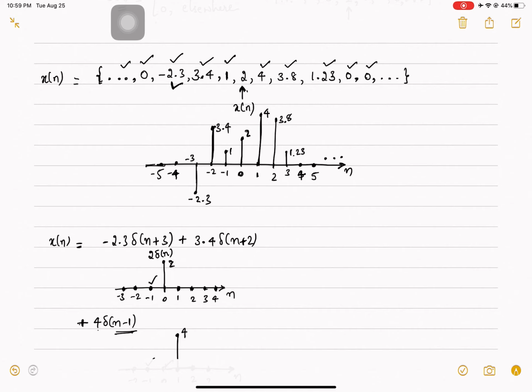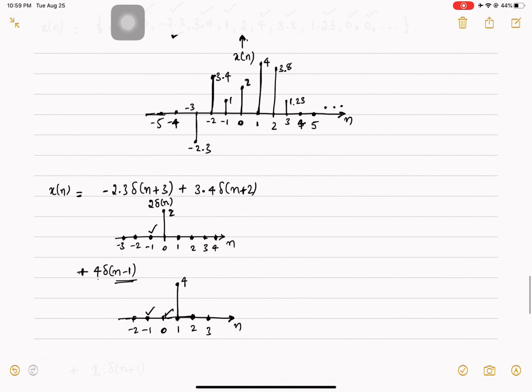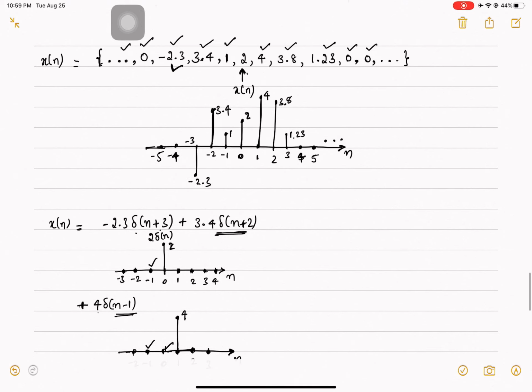You can draw these sequences and you can see that this sequence has zeros everywhere except at n equal to -3. This sequence has zeros everywhere except at n equal to -2, and the amplitude gets multiplied by 3.4. This amplitude gets multiplied by -2.3, and so on.